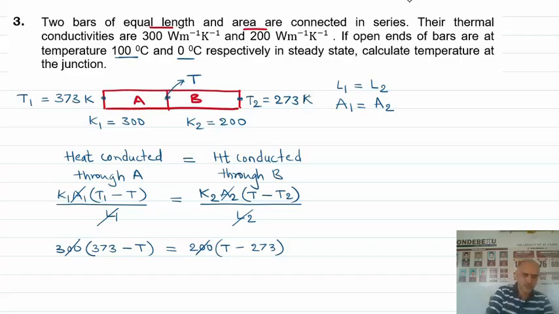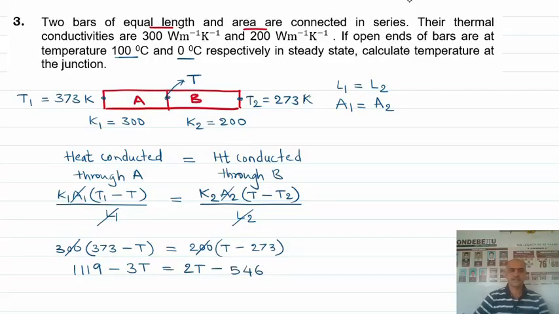So 3 into 373 is 1119, minus 3T, is equal to 2 multiplied inside, 2T minus 2 into 273, which is 546.